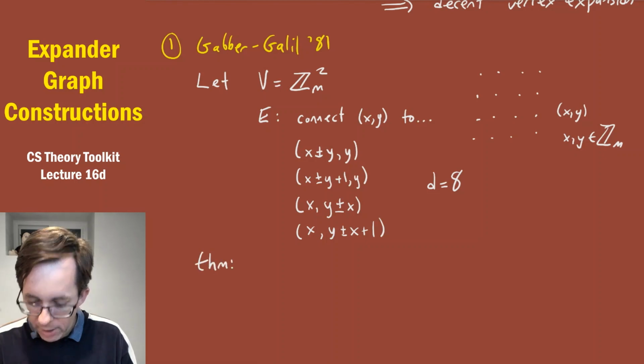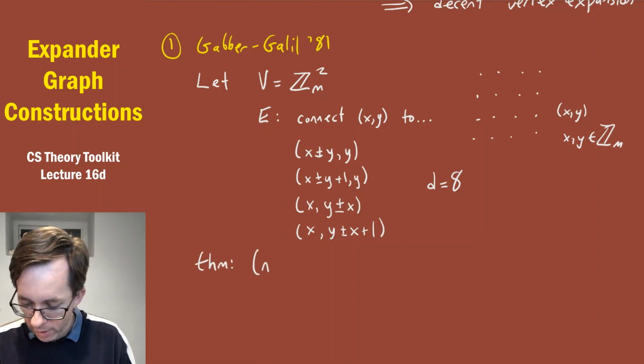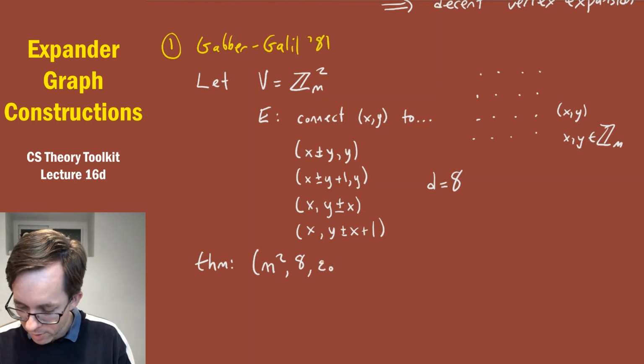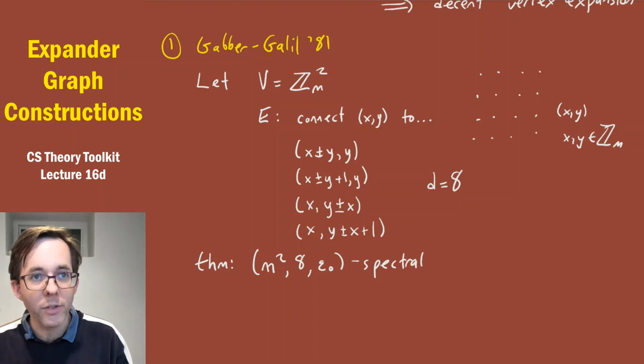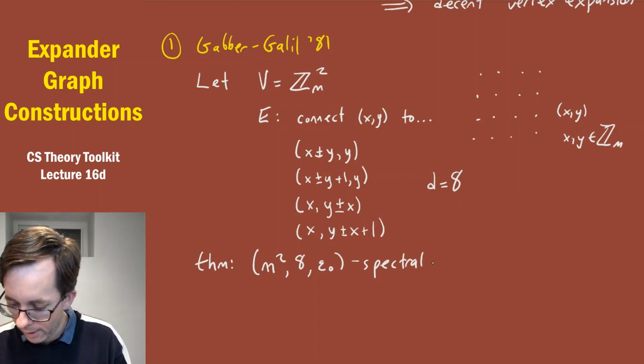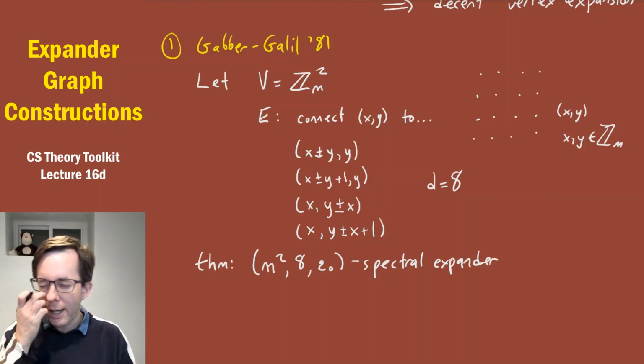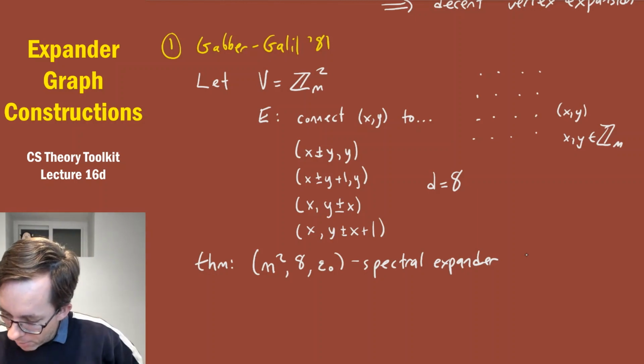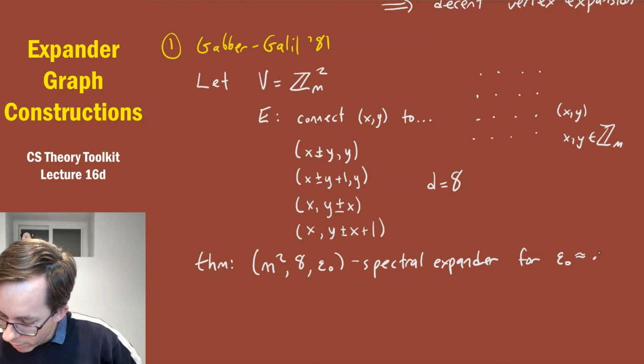The theorem is that this is an (m squared, 8, epsilon 0) spectral expander for some strictly positive constant epsilon 0, which you have to kind of squint into the Gabber-Galil proof to find, but I think maybe epsilon 0 is like 0.1 or something.